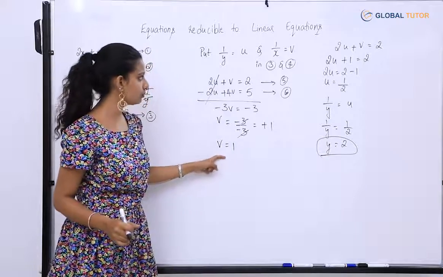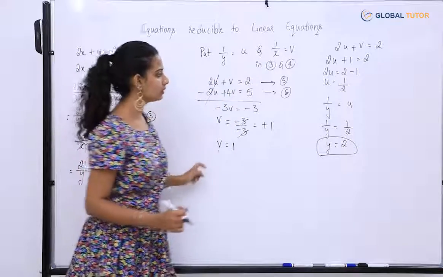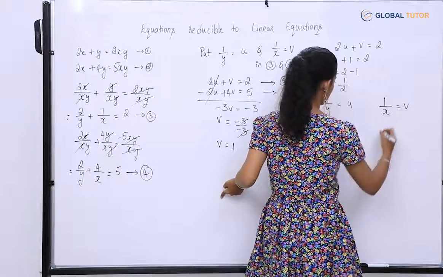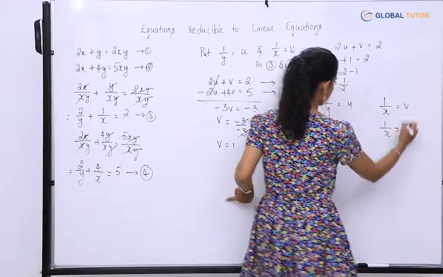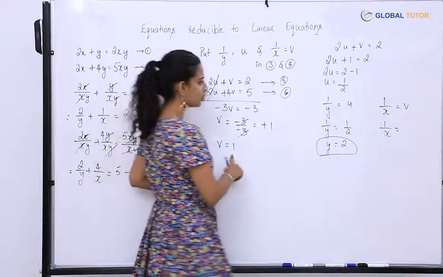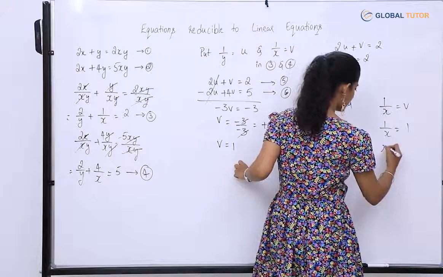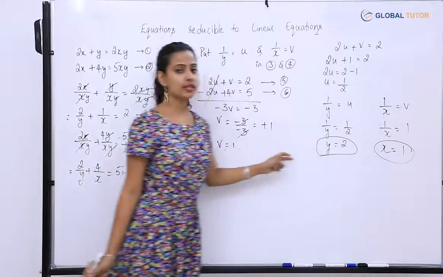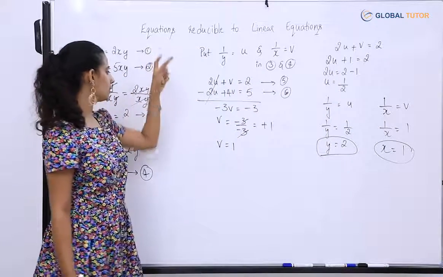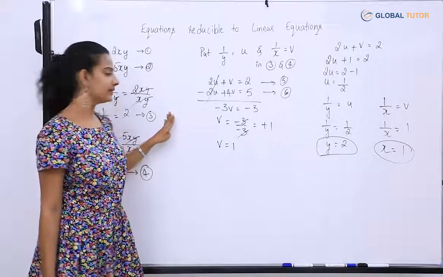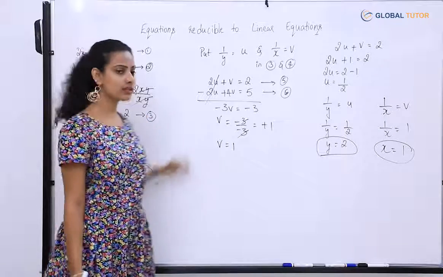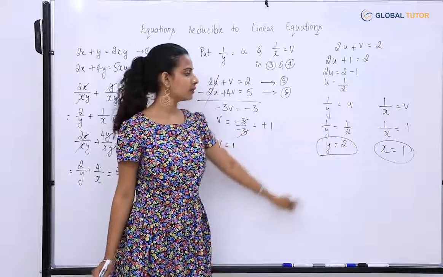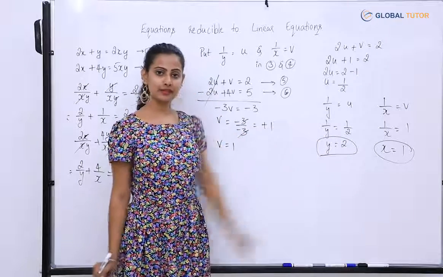Similarly, we had assumed 1 by x is equal to v. What is the v value? 1. So, x is equal to 1. This is the x value. So, using these two equations, we converted them into linear equations and then used the elimination method to find out the values of x and y, which are 1 and 2 respectively.